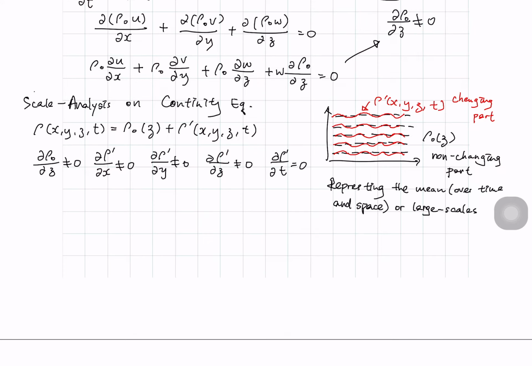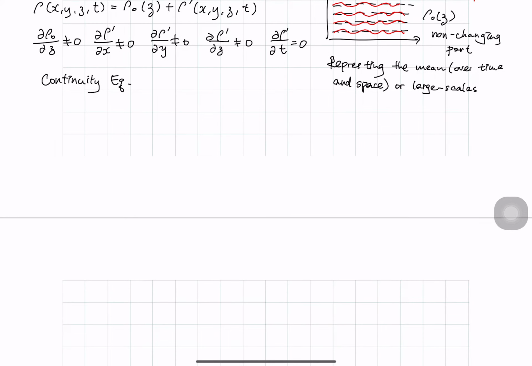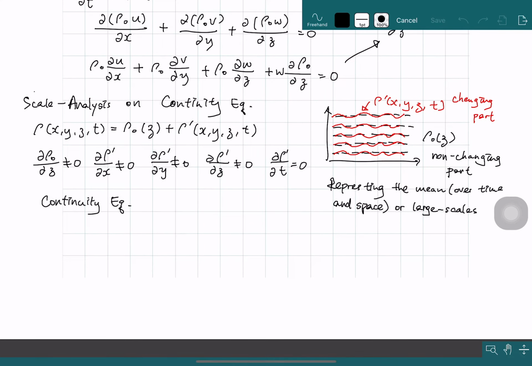Okay, so now we can work on the continuity equation.